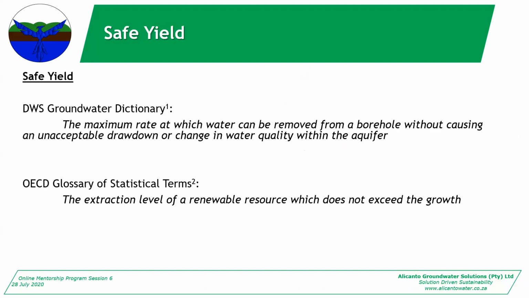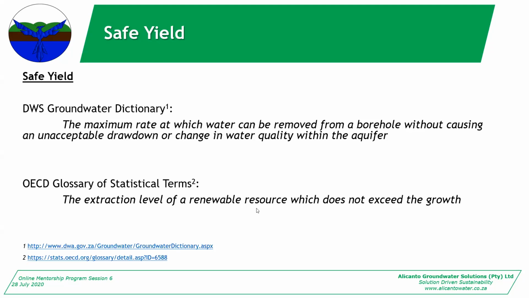In the glossary of statistical terms, sustainable yield is the extraction level of a renewable resource which does not exceed the growth. So in groundwater terms, that is an abstraction rate which doesn't exceed the recharge rate. And here's just a link for those. On the Water Affairs website, the safe yield and the sustainable yield have the same definition.